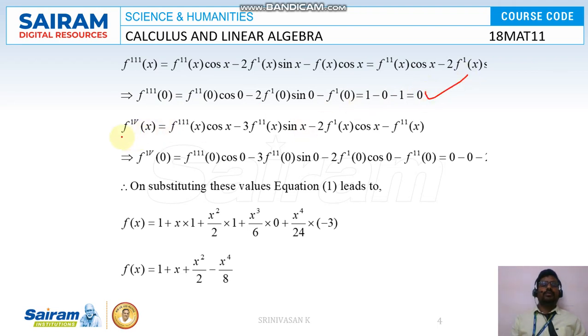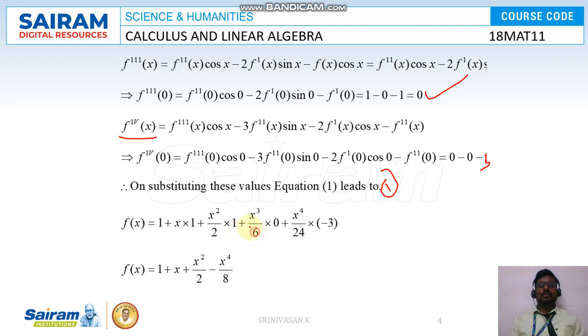And next, the fourth one. Again we have to apply the uv method for the first term, second term and third term. If we substitute x equal to 0 again, we get minus 3. Then substitute all values in equation 1, we get 1 plus x into 1 plus x square by 2 into 1 plus x cube by 6 into 0 plus x power 4 divided by 24 into minus 3.